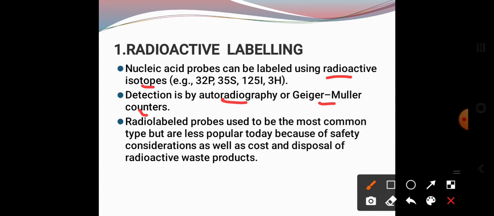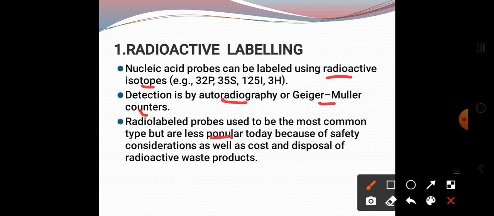Radioactive probes were the most common type, but are less popular today. Radioactively labeled probes are not commonly used because of safety considerations. The radioactive elements can cause cancer, and beta particles can penetrate the skin.